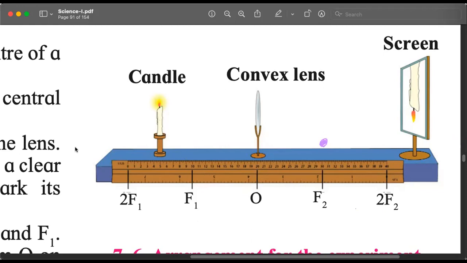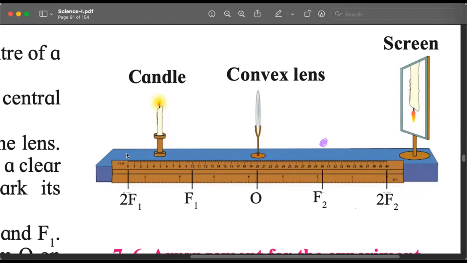Find F1 and then find 2F1. What we are doing by finding these locations is finding the focus and center of curvature of this convex lens. Because the image is forming there, when the object is at infinity. Why there? Because that is the focus.